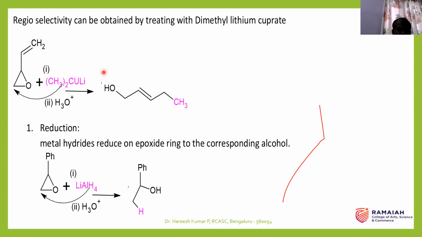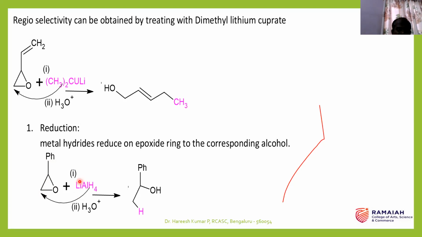Then let's also discuss one more reaction, called reduction. Suppose an epoxide is subjected to reduction. I think you are aware of lithium aluminum hydride. Lithium aluminum hydride is the reagent, and it acts as a source of H minus, that is, hydride.